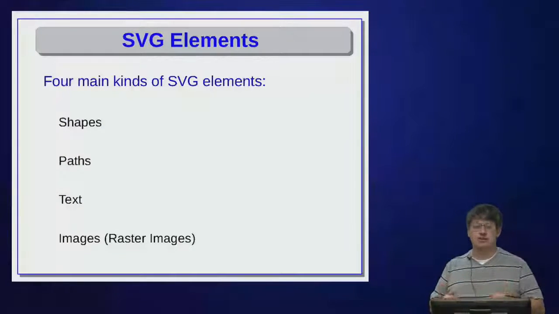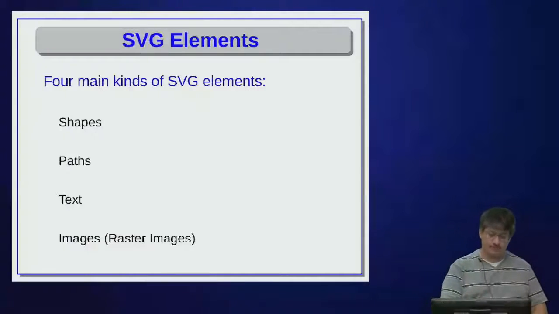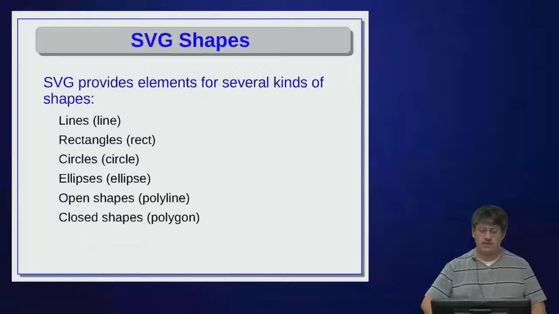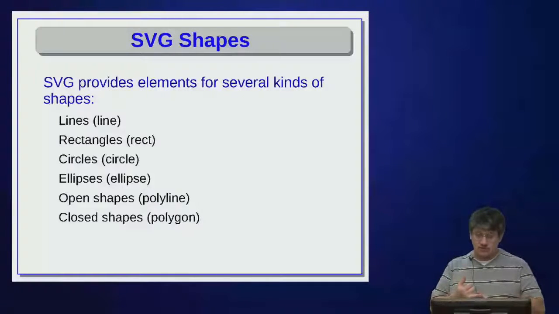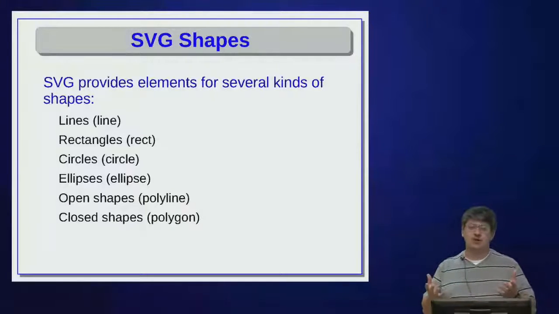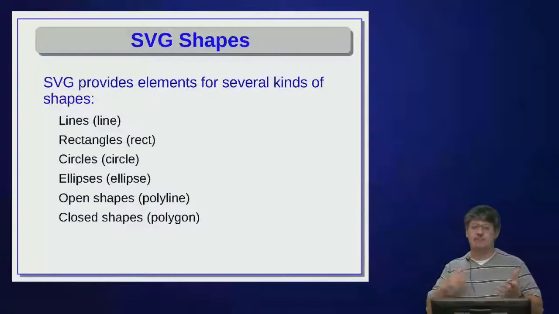In the next lecture, we're going to talk about paths and text, as well as some advanced features of SVG, like the ability to group things and pull in raster images. So the basic shapes are lines, rectangles, circles, ellipses, and then there are two kind of special shapes, what we call open shapes and closed shapes, or polylines and polygons. We'll talk more about those in a minute.